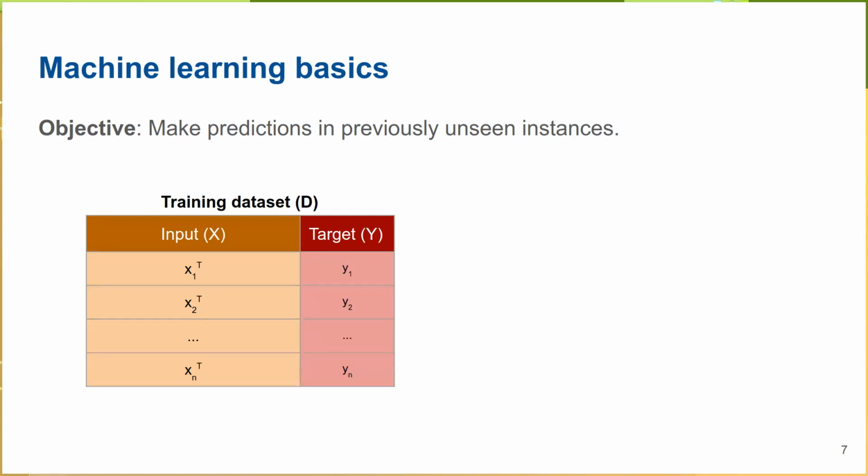The traditional supervised machine learning paradigm starts by collecting a training dataset. And a training dataset is simply a collection of inputs, X. It can be an image, it can be a time series, it can be a vector, it can be anything. And the target, that is the quantity or the class that we want to predict, that we call Y.